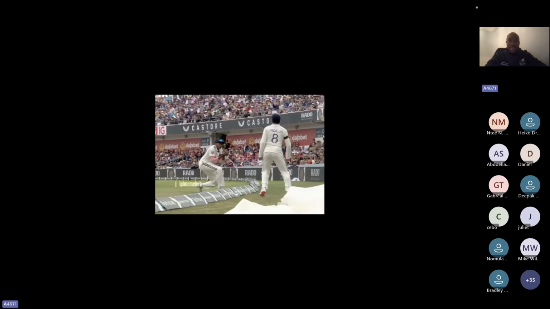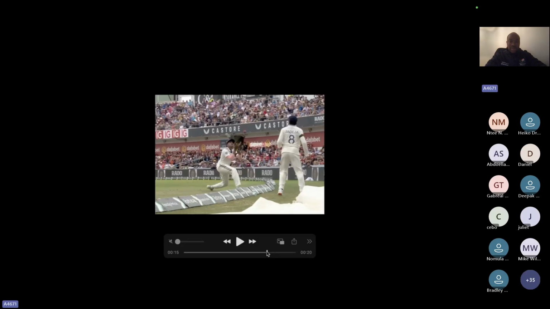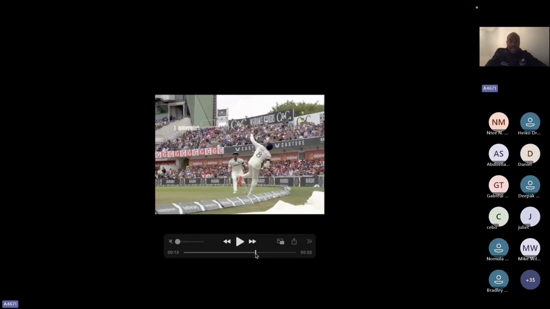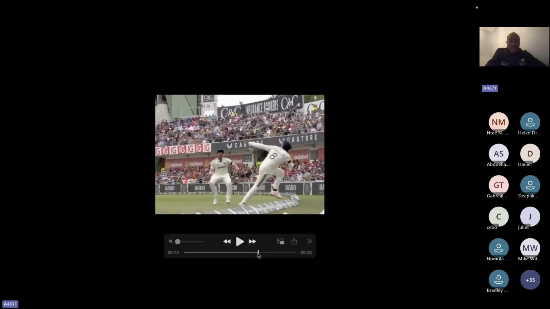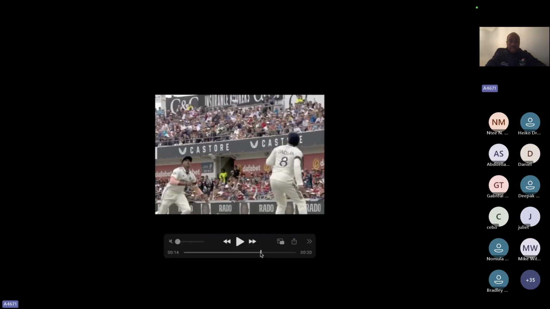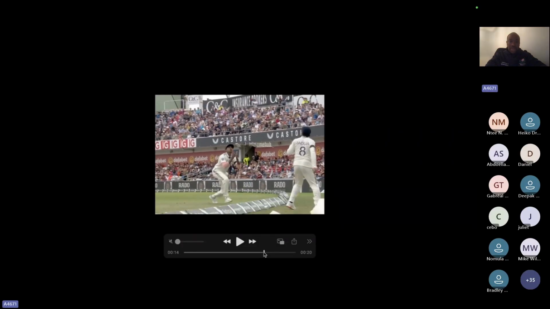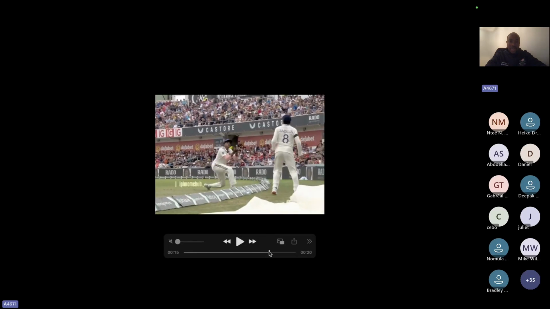It was a catch with the old laws, and it's still a catch with the new playing condition. Why? Because Jadeja was inside the field of play when he made his first and final contact with the ball, and he does not make any contact with the ball while he's outside the field of play.